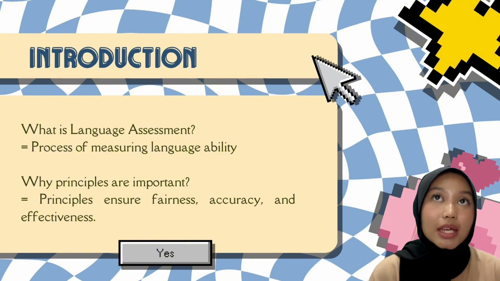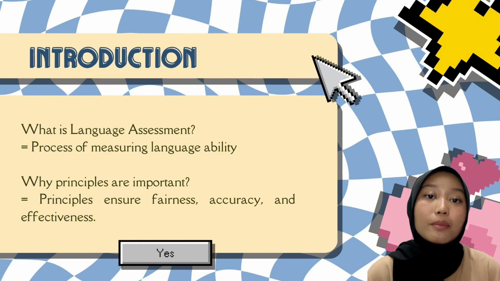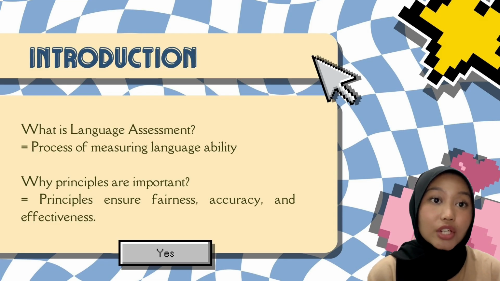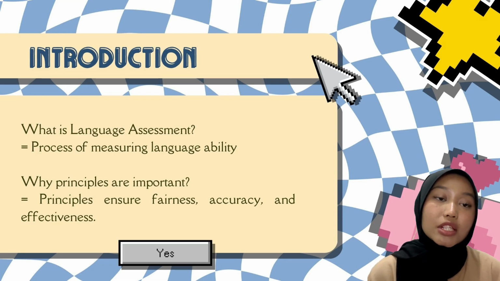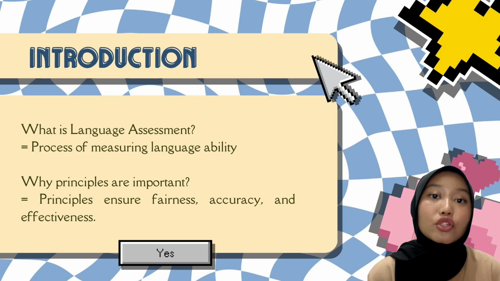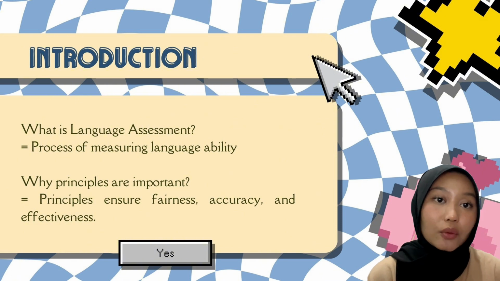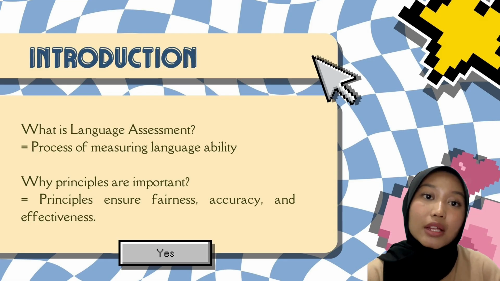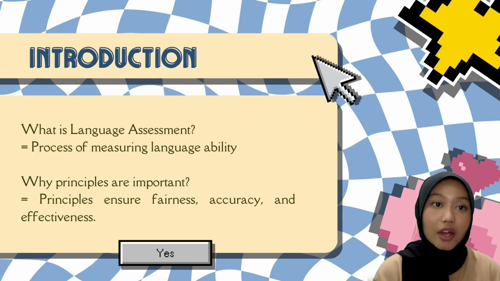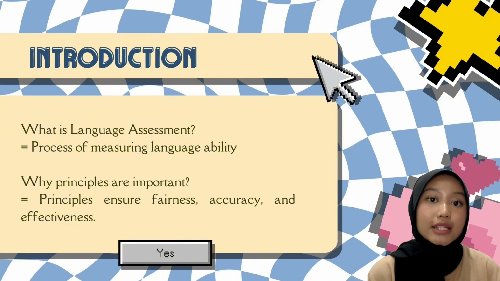Language assessment is the process of measuring a learner's language ability. It helps teachers know how well students understand and use the language. The principles of assessment are important because they ensure that the process is fair, accurate, and effective.